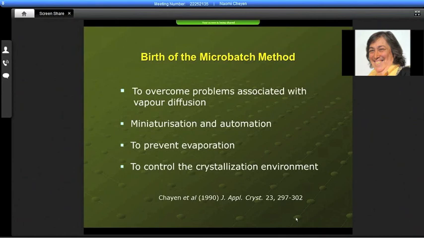And in those days, also using vapor diffusion, people used 1 microliter drops, so this was too much. And so we came in to try and design something which is completely different.